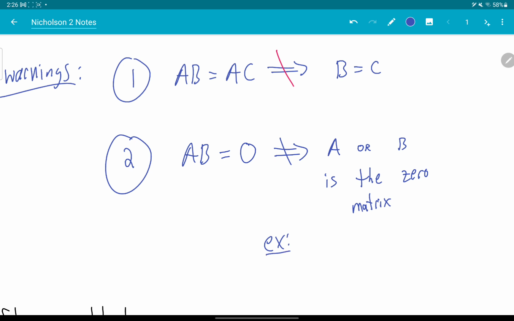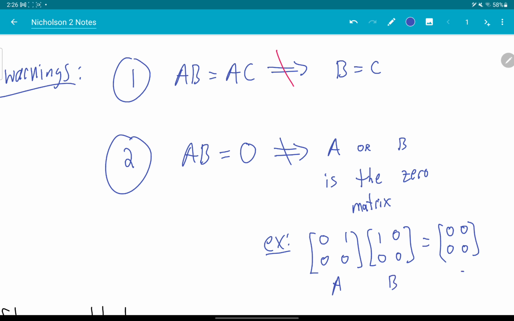So example, A times B. If I just choose this carefully, when you're doing counterexamples, you should use 0s and 1s, lots of 0s, and maybe throw a 1 in here and there. There's no need to get complicated. Okay, so this product will equal 0. So here we have A times B equal to 0 matrix, but neither of those matrices is itself the 0 matrix.